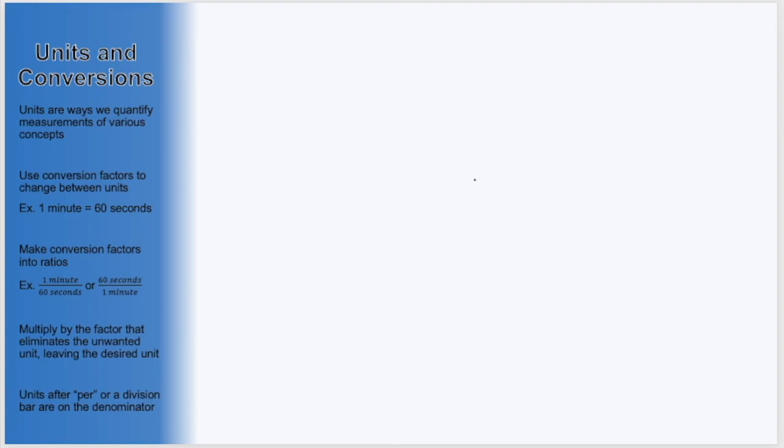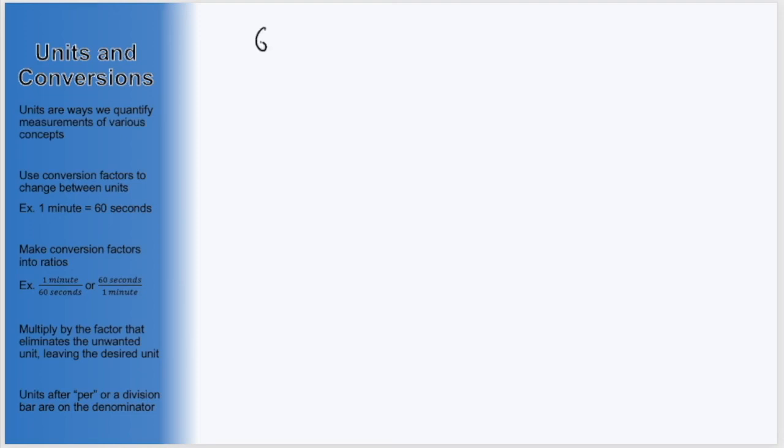Before we finish for today, there are a few extra things to make note of with these unit conversions. So far, all the units we have dealt with have been in the numerator of our initial fraction. However, anytime you see the word per or a division bar in the unit, the units after those will be in our denominator.